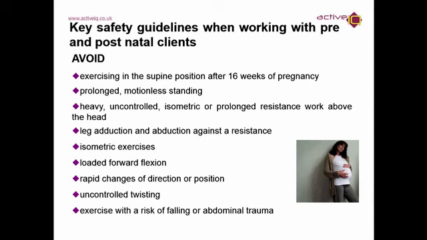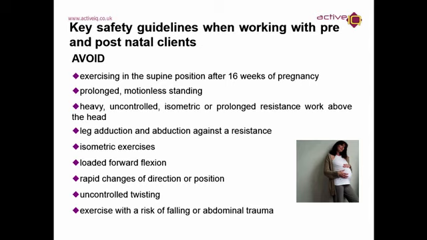Leg adduction and abduction against the resistance should be avoided because there's something called relaxin in the body, which is a hormone that makes the joints a lot looser in preparation for childbirth, and we don't want a joint to slip out or anything like that. So avoid that work, particularly working against the resistance on the legs.